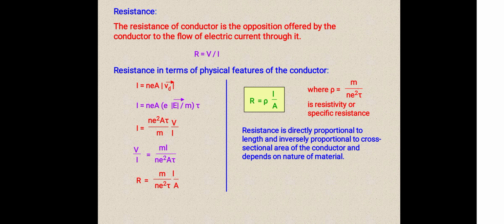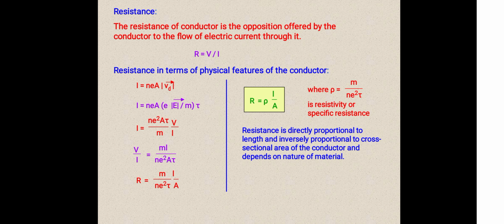So we know that for a conductor at constant temperature, the resistance is directly proportional to its length, so R is proportional to L. Number 2, cross section area: if the area of cross section of a wire is A, then the resistance of the uniform conductor is inversely proportional to its area of cross section A. So R is proportional to 1 by A. From these two relations we can write R proportional to L by A, the combined variation law.